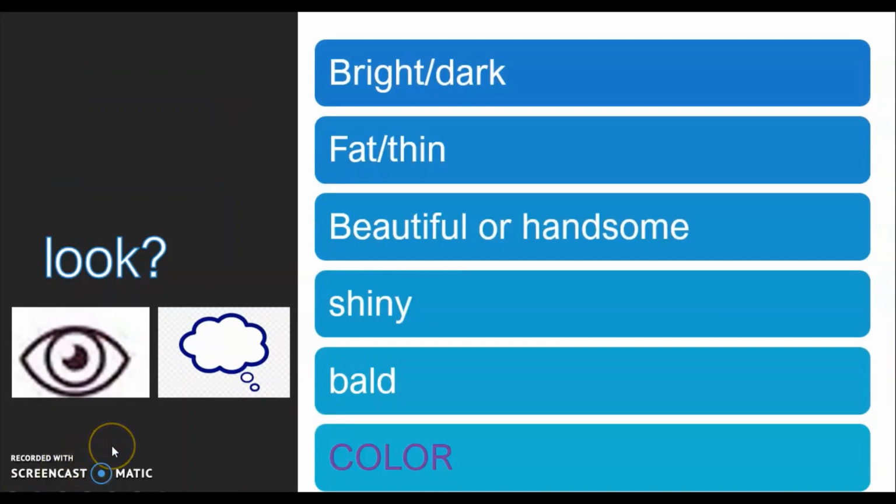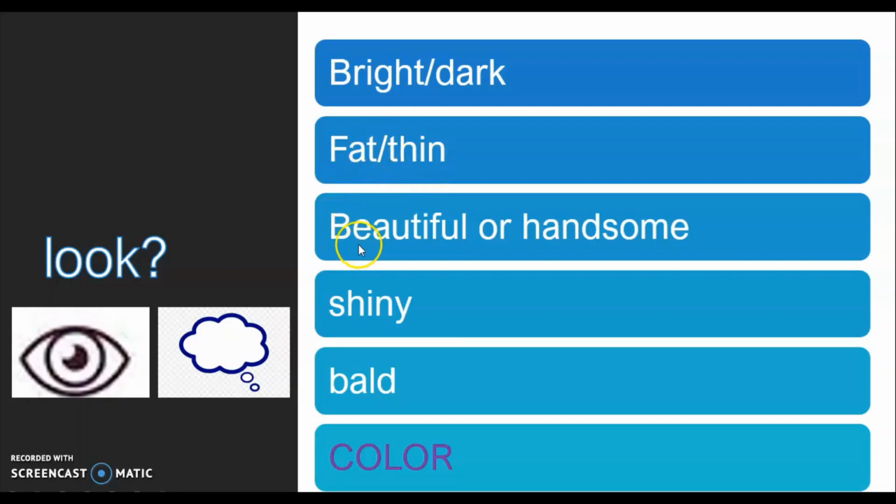Okay. Now, when I'm talking about how a noun looks, I'm not just talking about what I can see, but I also might be talking about what I think about that noun. So here are some examples. If you're describing how a noun looks, you might say it's bright or dark in color. You might say that the noun, say it's a person or animal, is fat or thin.